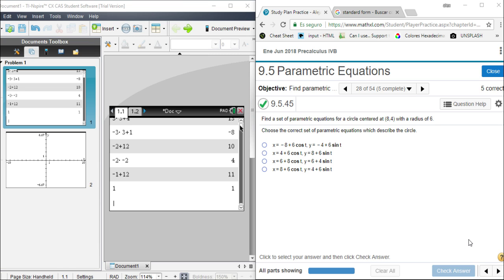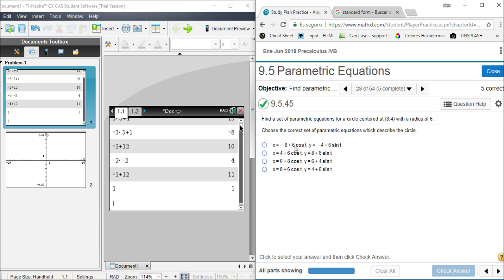Now we need to use the formula that was before. So we know that the first number is the h, and the other first number of the y is the k, and this is the r.